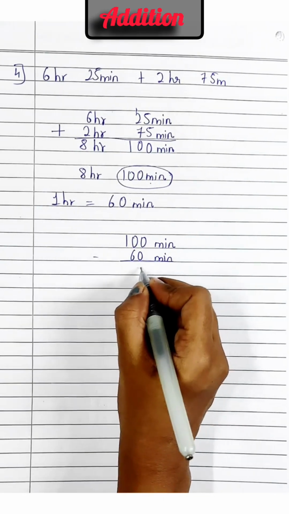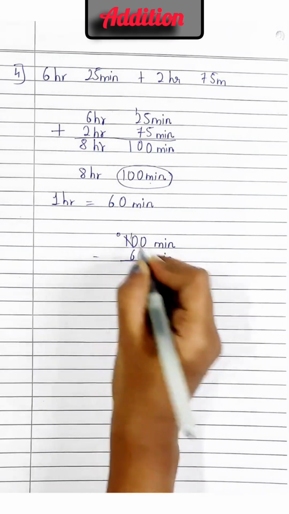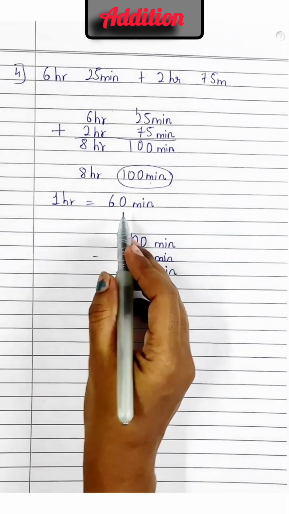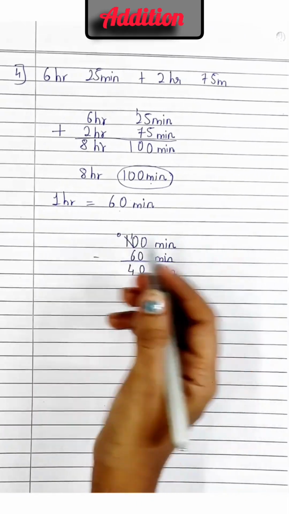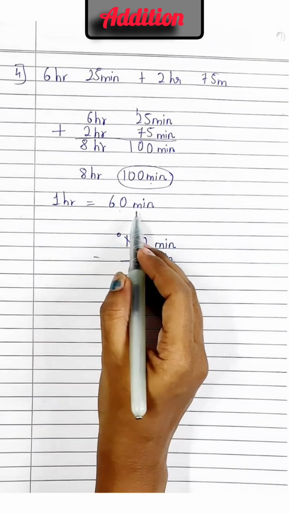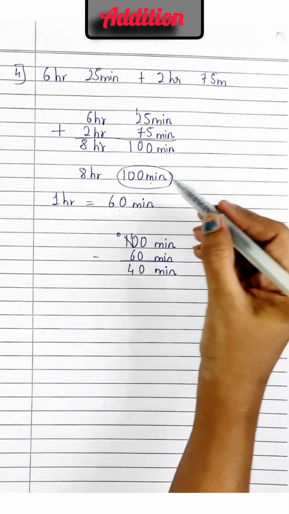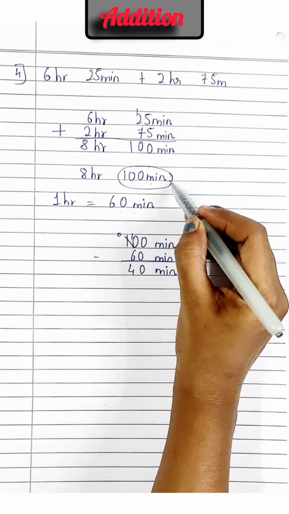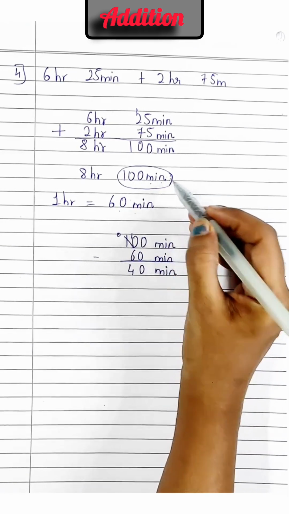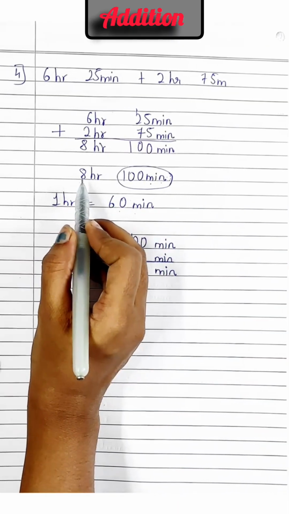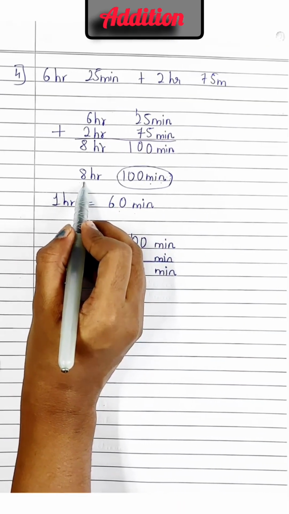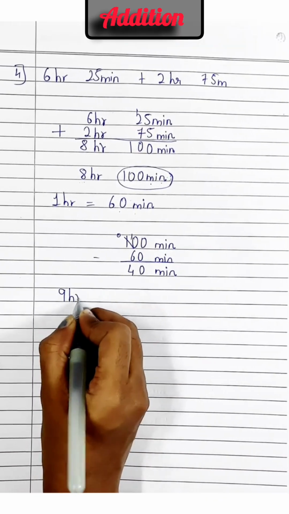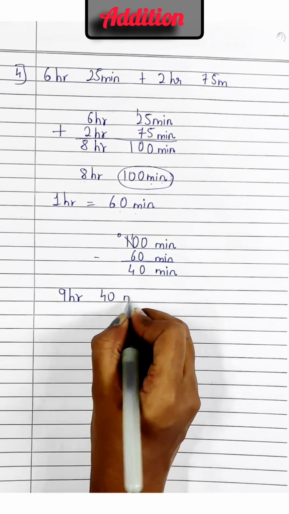So what is the answer? 40 minutes. Because 1 hour is equal to 60 minutes. That means inside this 100 minutes our 1 hour is also there, that is 60 minutes. Now instead of writing 8 hours, we will add 1 hour and we will write 9 hours 40 minutes.